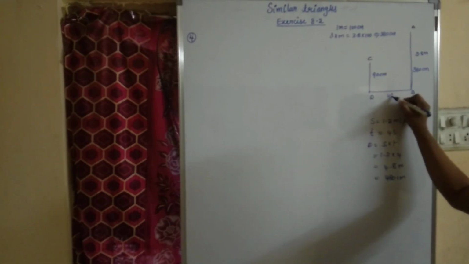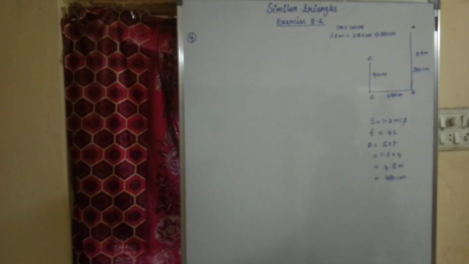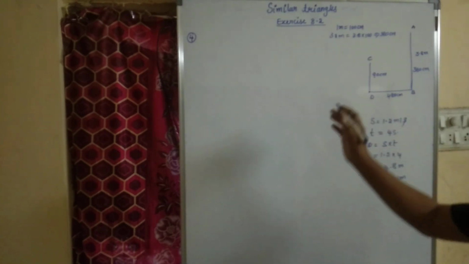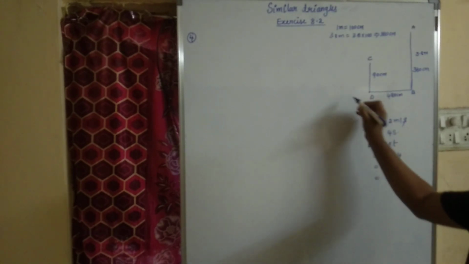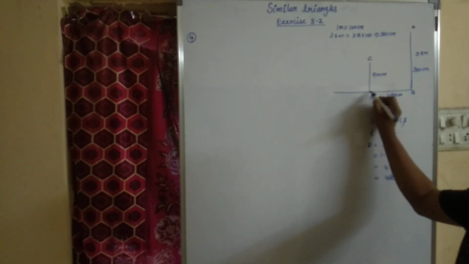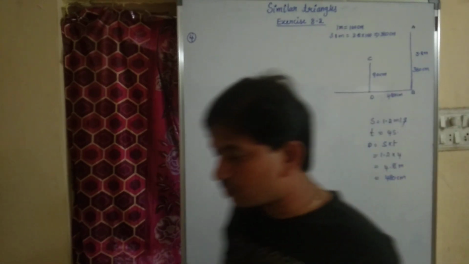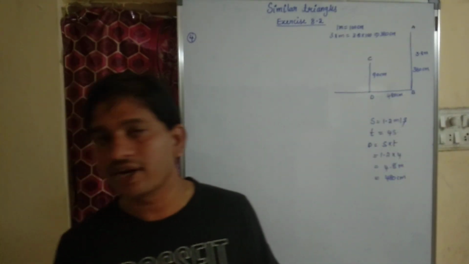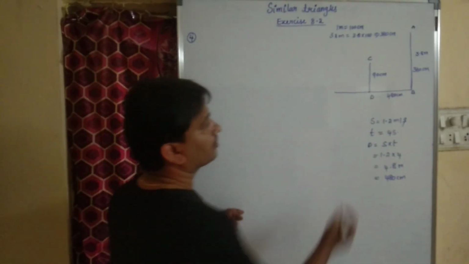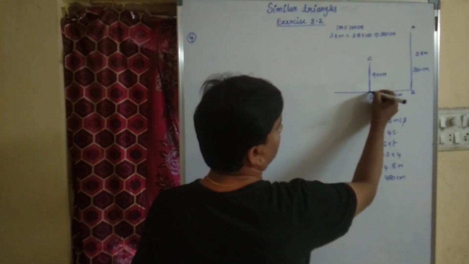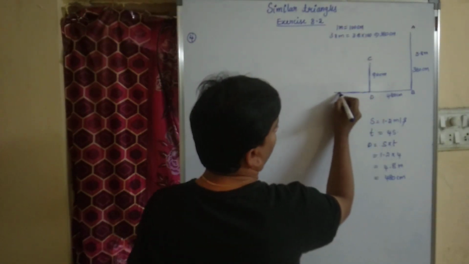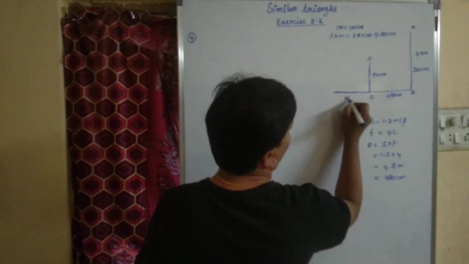She covered a distance of 480 centimeters. They are asking, after 4 seconds, to find the length of her shadow. She is here. This is the length of her shadow. Let it be x centimeters.